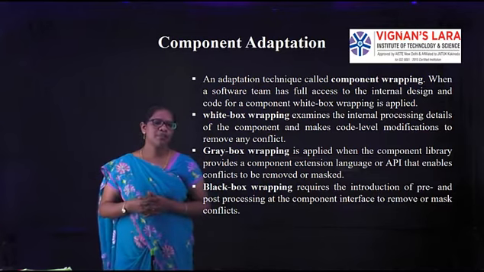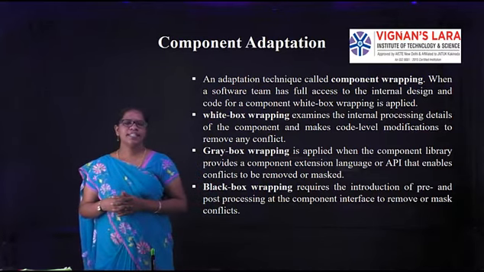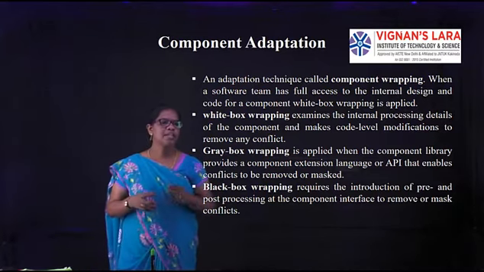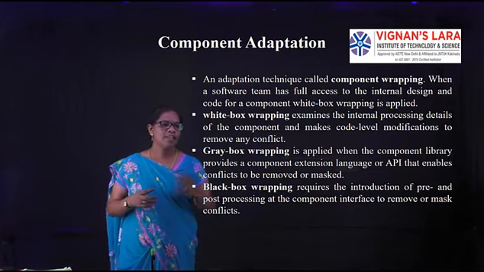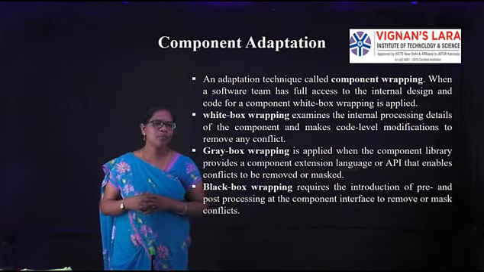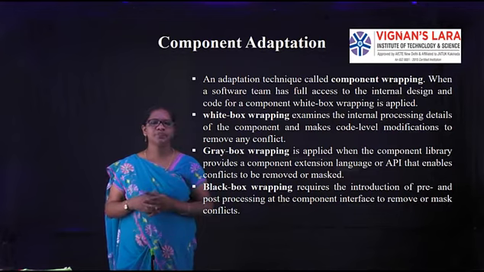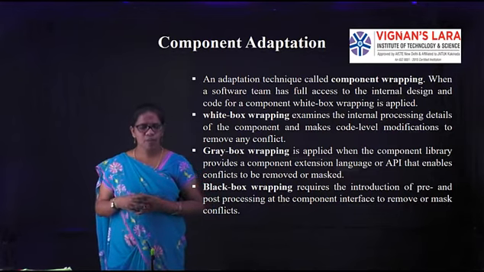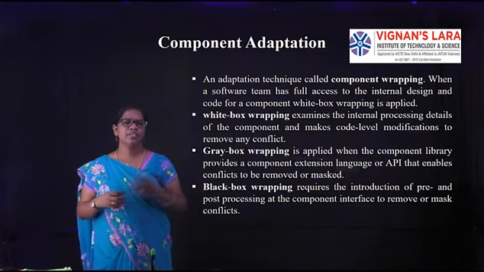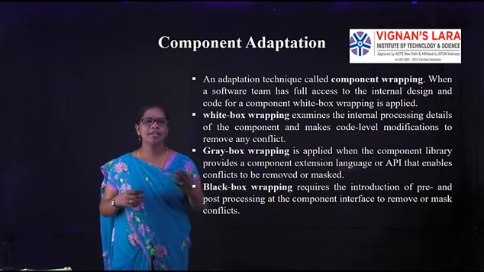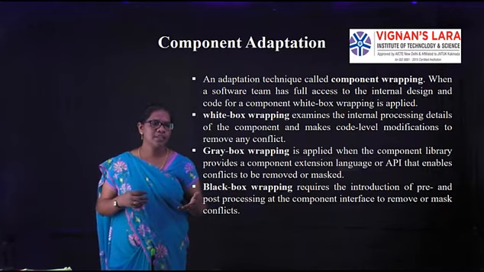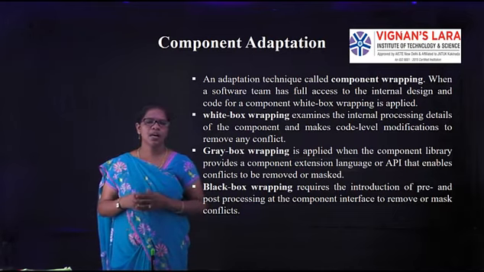The next one is gray box wrapping. What is gray box wrapping? It is applied when the component library provides a component extension language. Whatever components we are using, if you give some extension, or we can use some application programming interfaces, APIs, that enable the conflicts to be removed or marked.